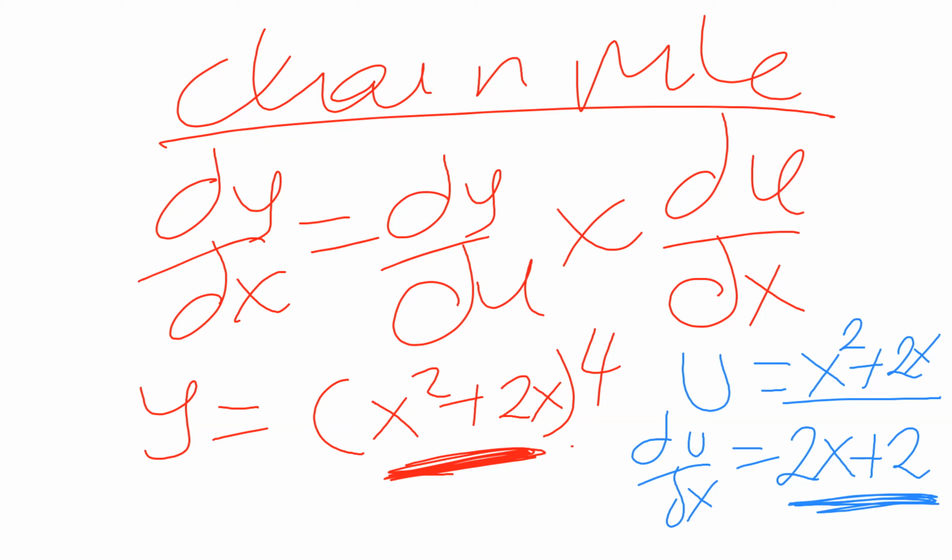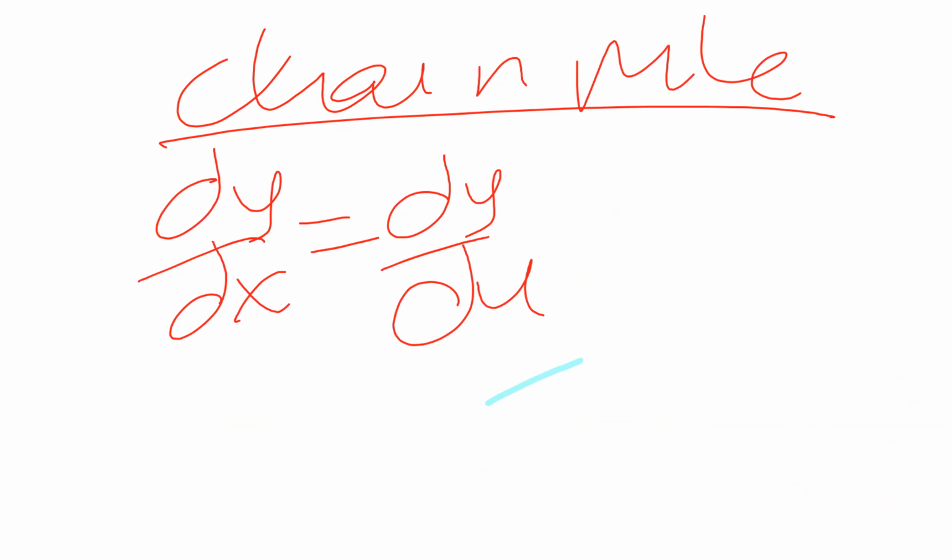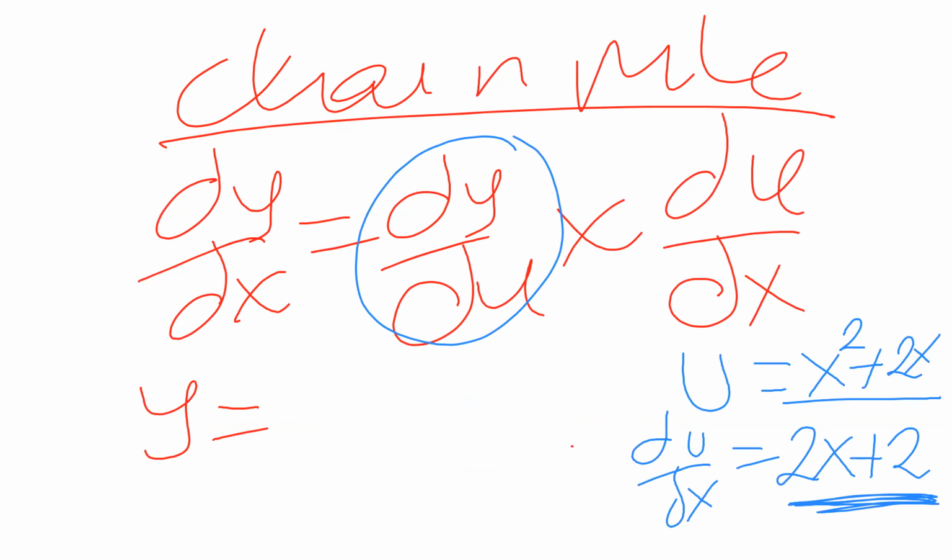What you need now is dy over du. So dy over du simply means now you differentiate the y function with respect to u. So this part here I've said it is u. So your new expression is y equal to u to the power 4.